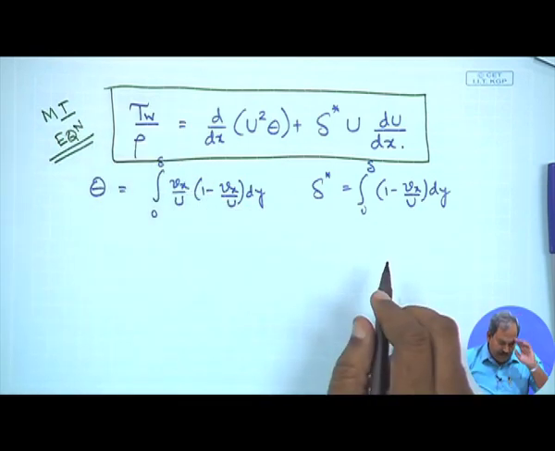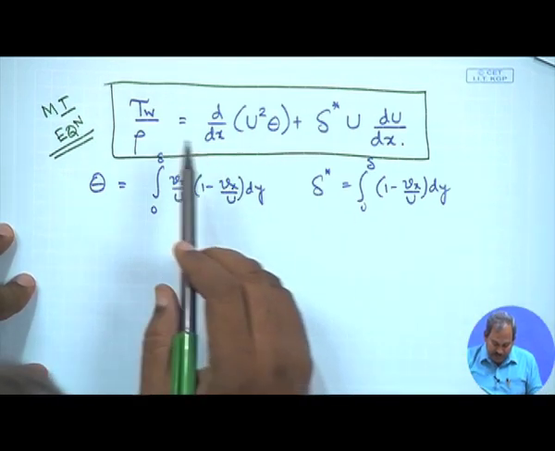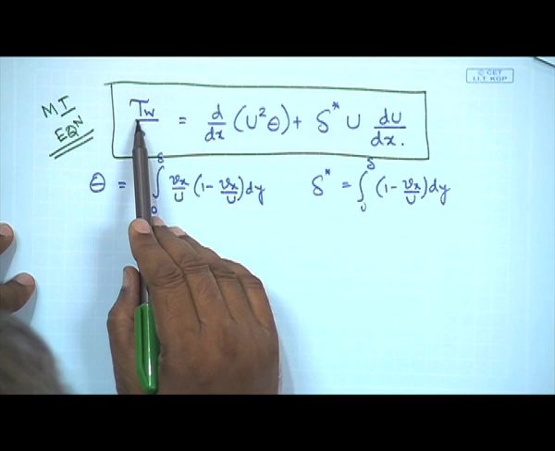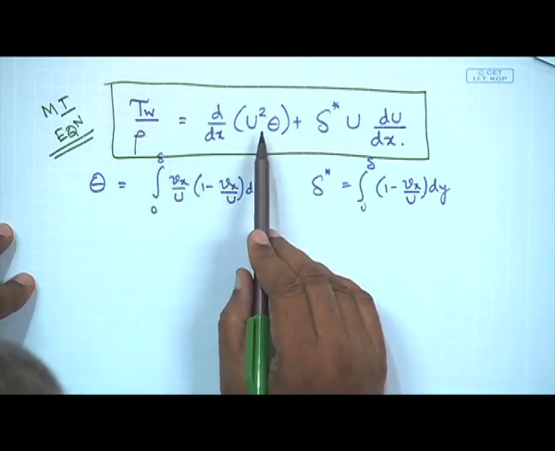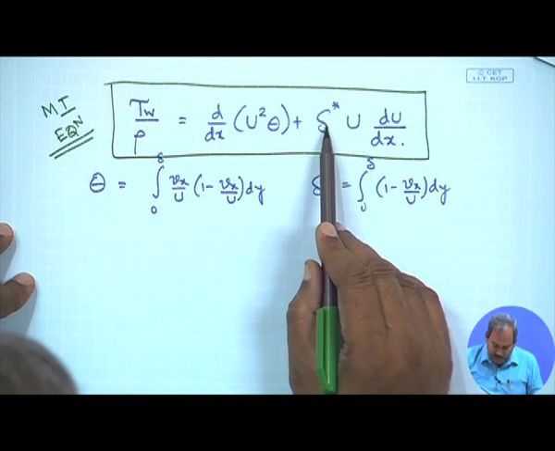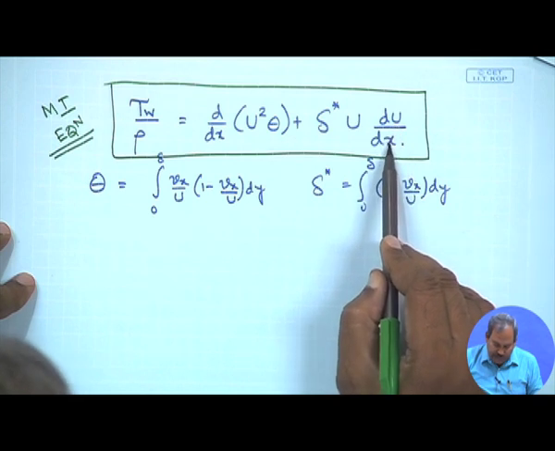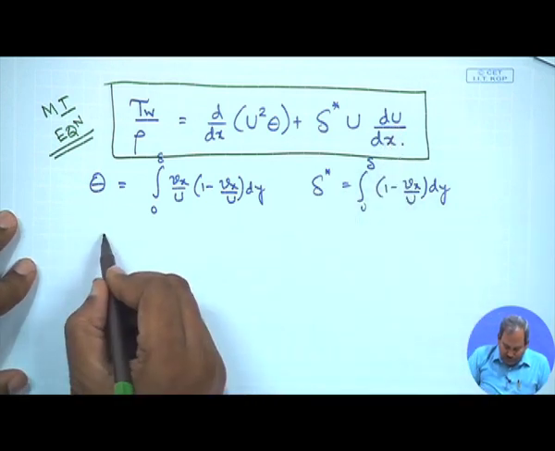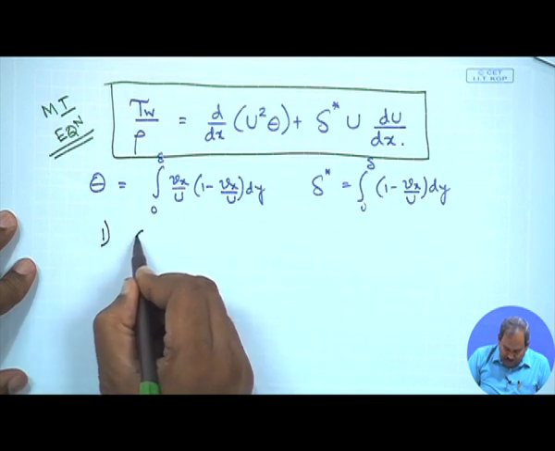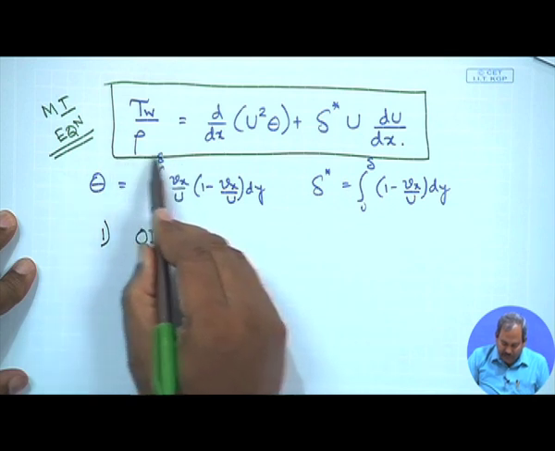So, what are the salient features of the momentum integral equation? It relates the wall shear stress with the momentum thickness, with the displacement thickness, and the variation of the free stream velocity over x. So, points to note here is, first of all, this gives an ODE.